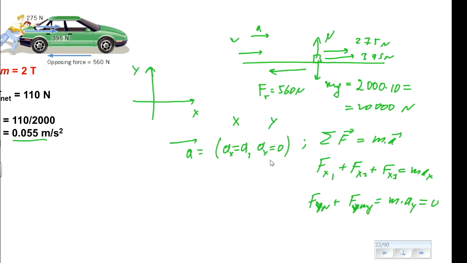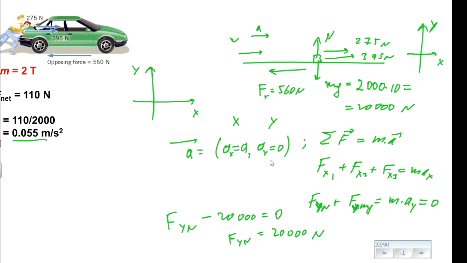Now, this is supposed to be equal to 0, which automatically tells us that Fy normal minus 20,000 should be zero, since the normal force is in the positive y direction, and gravity has a negative component. So this equation doesn't tell anything about acceleration, but it tells us how to calculate the normal force. They cancel each other out.